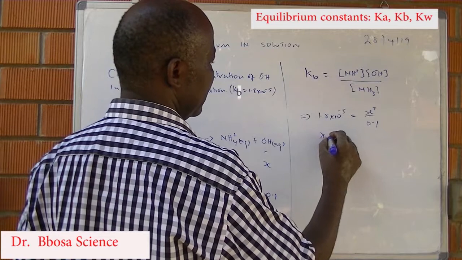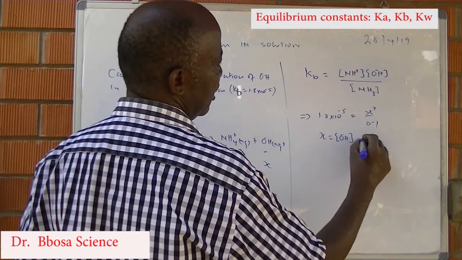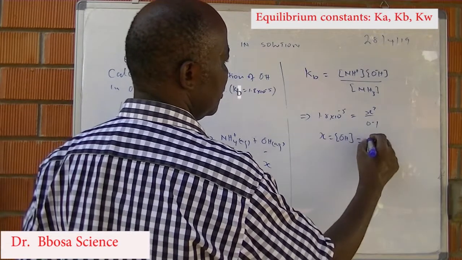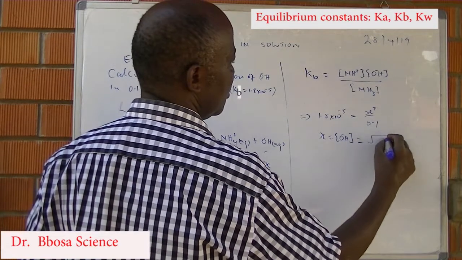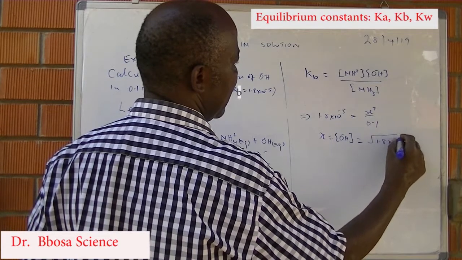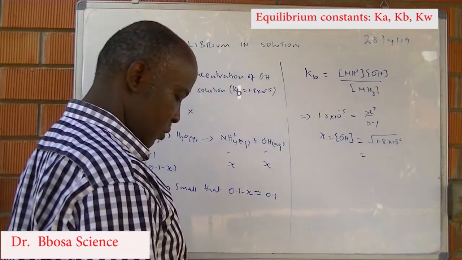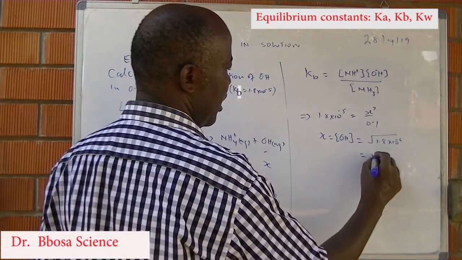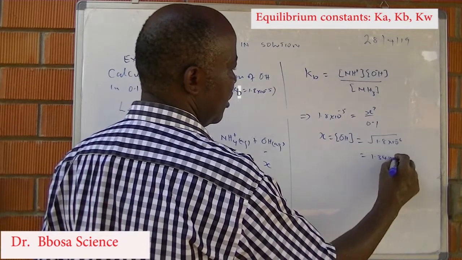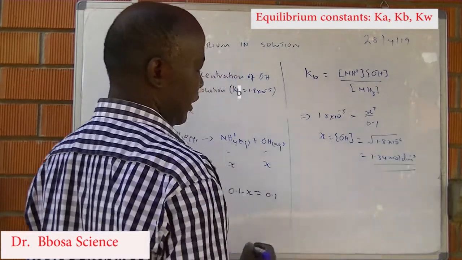Therefore, X, the concentration of hydroxide ions, will be equal to the root of 1.8 times 10 to the power negative 6, which is equal to 1.34 moles per decimeter cubed.